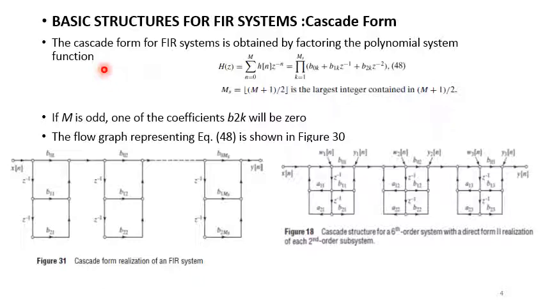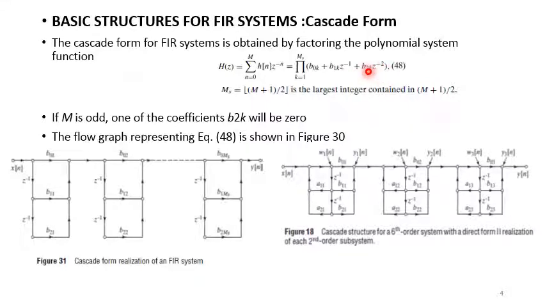So similarly, for the FIR, by expressing the system function in the factored form, we can obtain this expression, the system function expression for the FIR system. So representing it in the factored form, here we have the second order system, b0k plus b1k z inverse plus b2k z to the power minus 2, right?